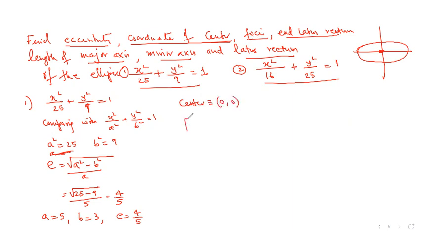Then the coordinates of foci. Tell me the formula. Coordinates of foci: plus or minus ae comma 0. Did you notice that if you cross multiply this, you will get ae?